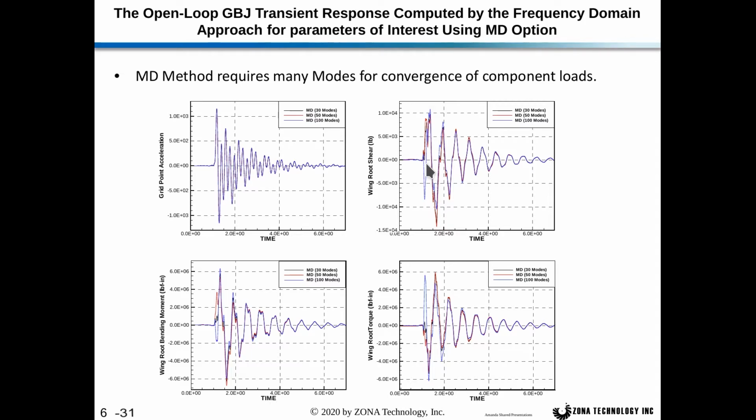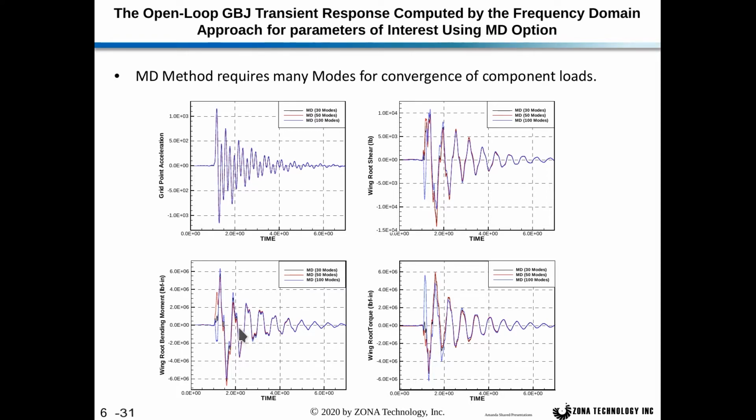So we don't have a converged solution, so the mode displacement method can't give a correct answer yet, even up to 100 modes. The structure is being excited in such a way that the modal response doesn't capture the loads correctly when using the mode displacement method. Now, after the initial kick, you can see that all three options go back to the same answer. So our response here after the initial kick is most likely accurate.